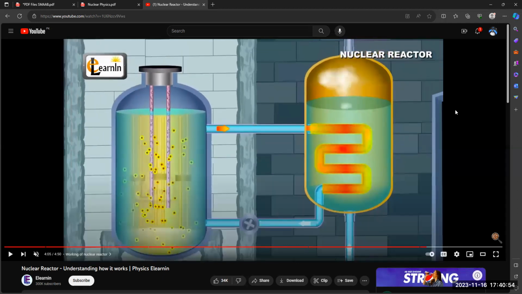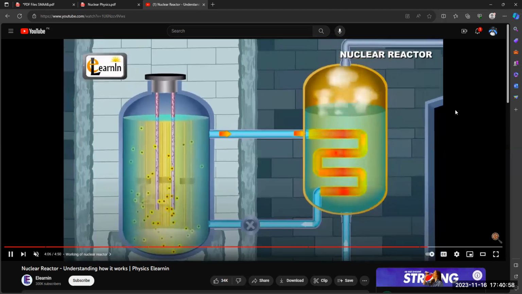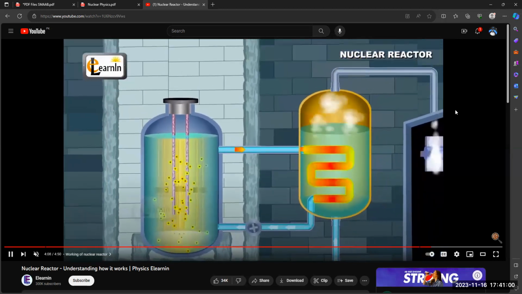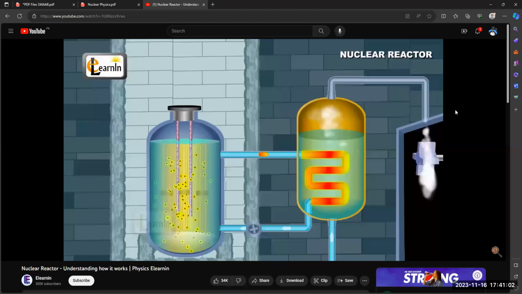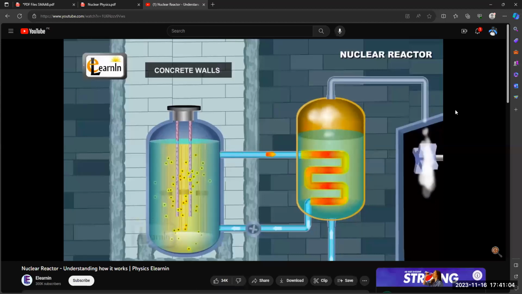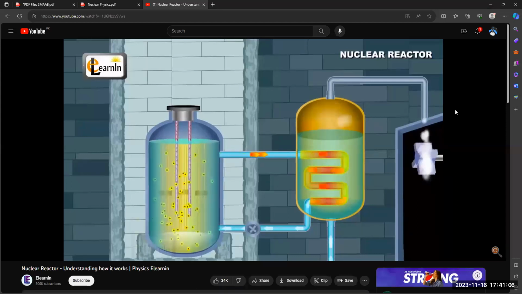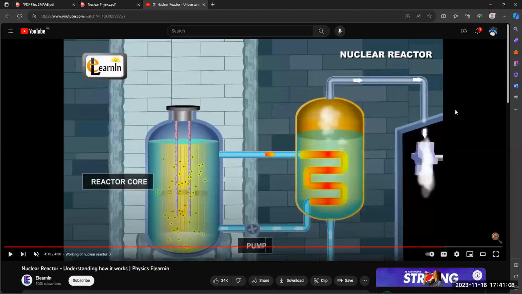And you can see a very high amount of heat is generated, and that helps the water convert into steam, and that steam moves through the pipe to the turbine, and that turbine will help you generate electricity, right? And further, you know that uranium is a radioactive material, so it will also affect the surroundings.